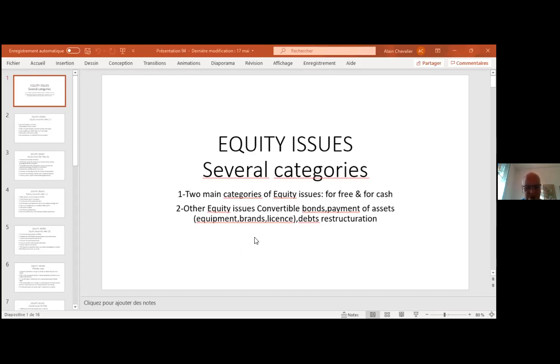We have different categories of equity and equity issue, but mainly we have 2 categories. I mean, we have kind of secondary kinds of issues, but the 2 main ones are equity for free and equity for cash.